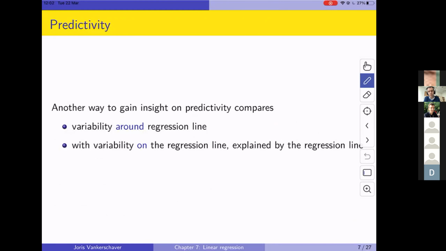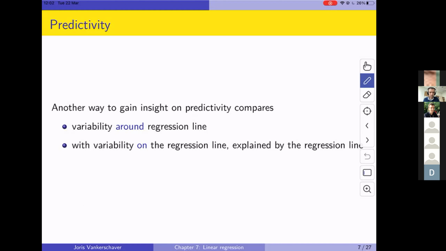Now, that's all good and well for prediction, but there's another way that we can understand the sources of uncertainty when it comes to prediction, and that is to decompose the variability in our predictions by looking at what we can call the variability around the regression line and the variability on the regression line.